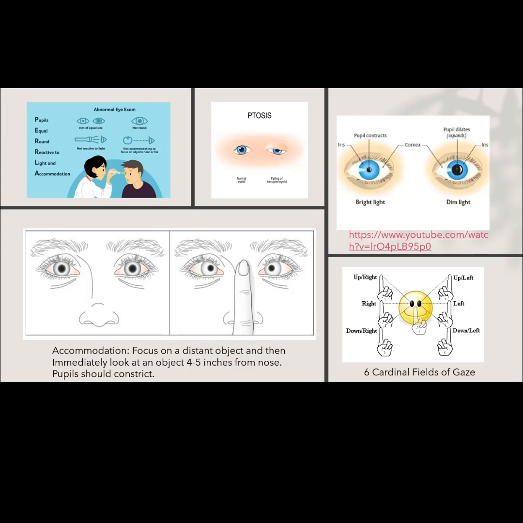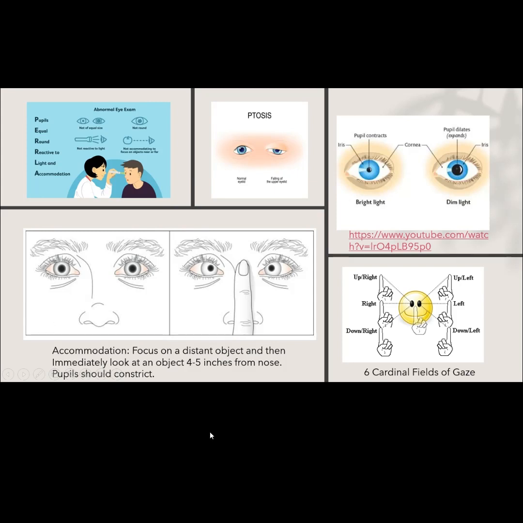If they are reactive to light, the pupil should constrict. If you look over here to the right, you can see the pupil contracts with bright light, and then it should dilate or expand with dim light. You're also checking to see that they are reactive to accommodation, and accommodation is down here in the bottom left of the screen.